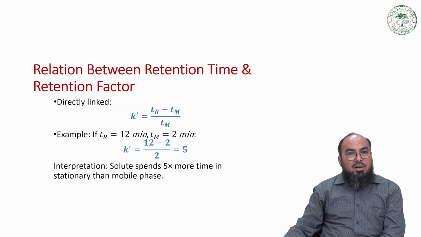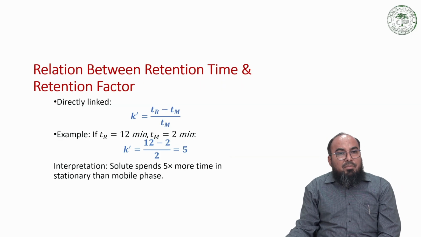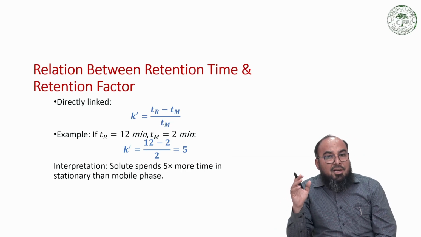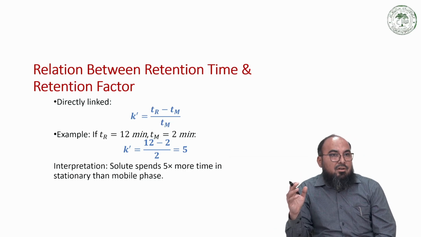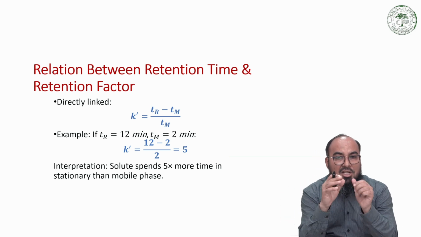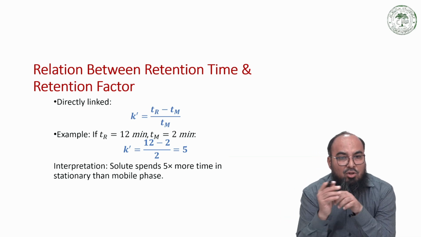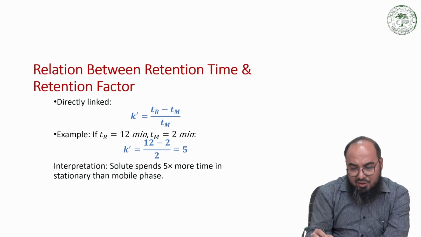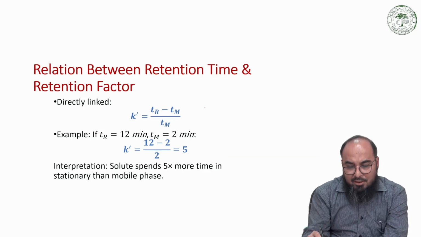So what is the relation? Let us briefly see what is the relation between retention time and retention factor. The retention factor is K dash. It is Tr minus Tm upon Tm. Let us take a very simple example.